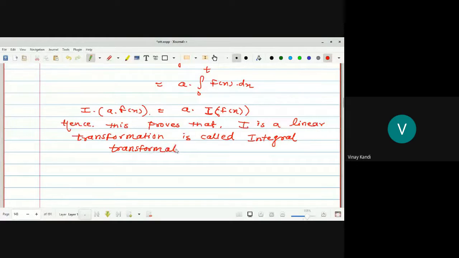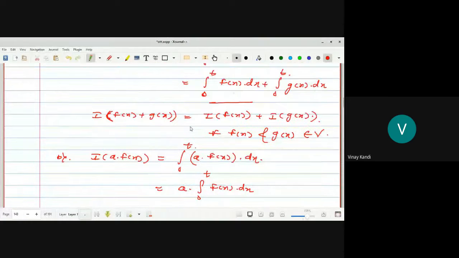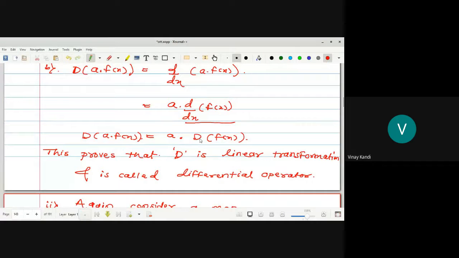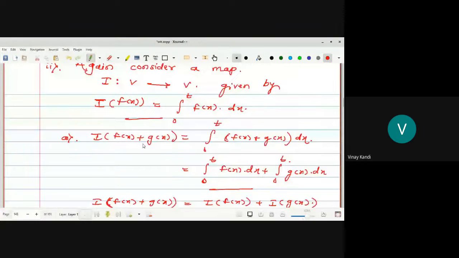Any doubt over here? So these are the three examples of linear transformation. Any doubt up to here? Now one more example is there, the last one, the fourth one.